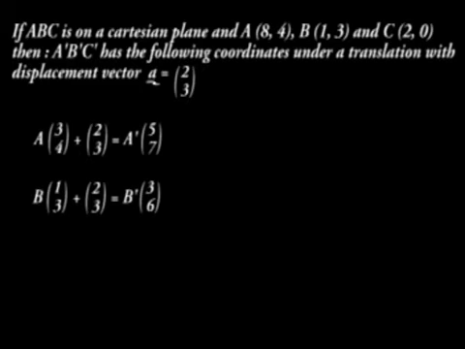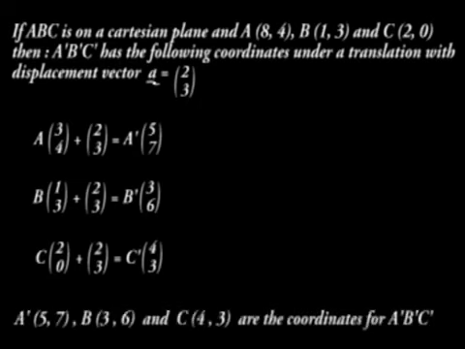B (1, 3) plus (2, 3) equal to B prime (3, 6). C (2, 0) plus (2, 3) equal to C prime (4, 3). The coordinates for the triangle will be A prime (5, 7), B prime (3, 6), and C prime (4, 3) on the Cartesian plane.